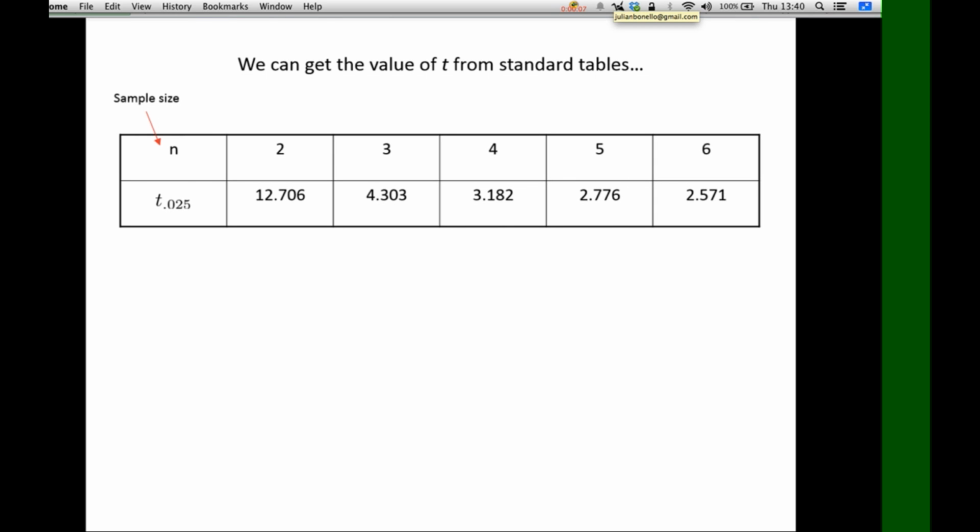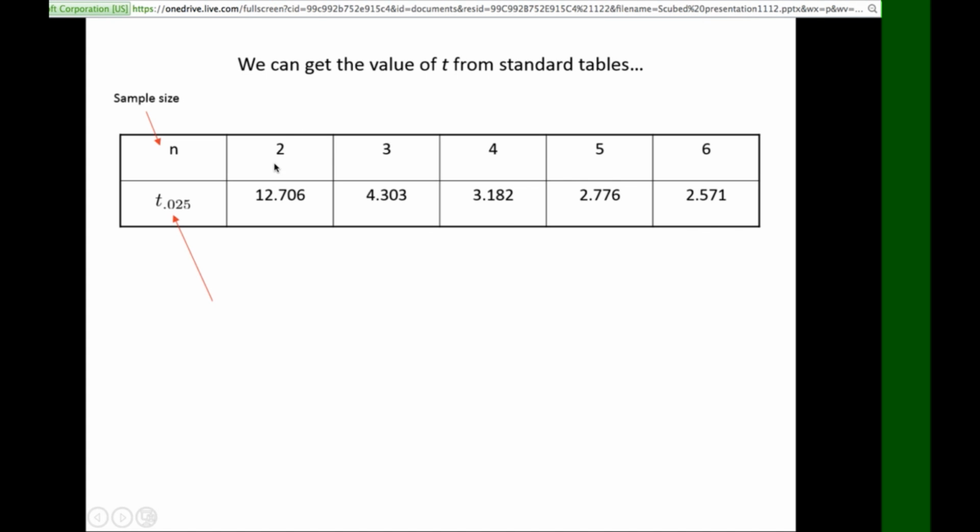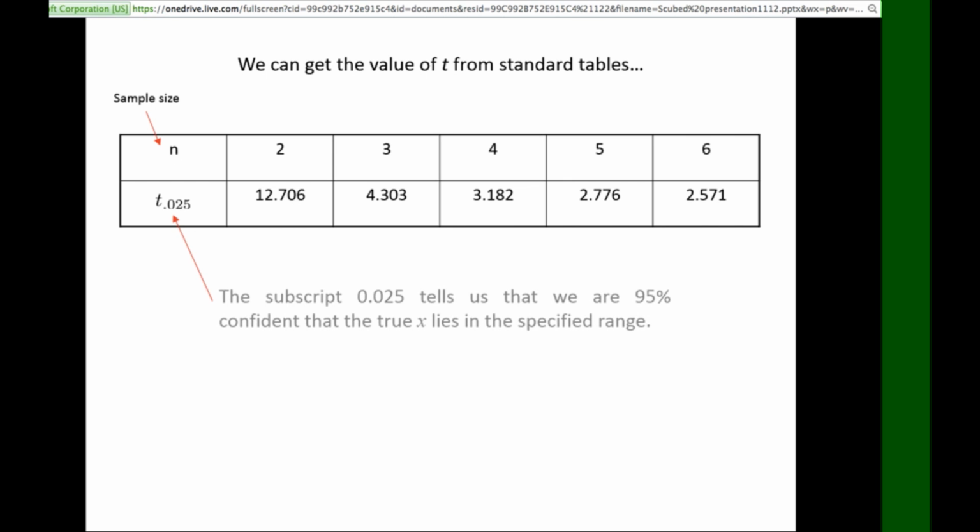N would be, as we've said, the sample size. In this case, it would be 2. And this is the corresponding t. In this case, it's 12.706. The 0.025 tells us that we are 95% confident that the true x lies in the specified range, that is, in the error range we've calculated.